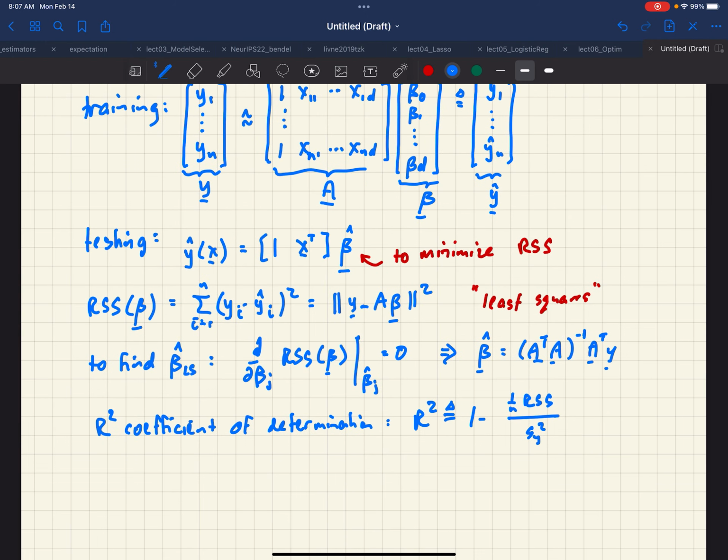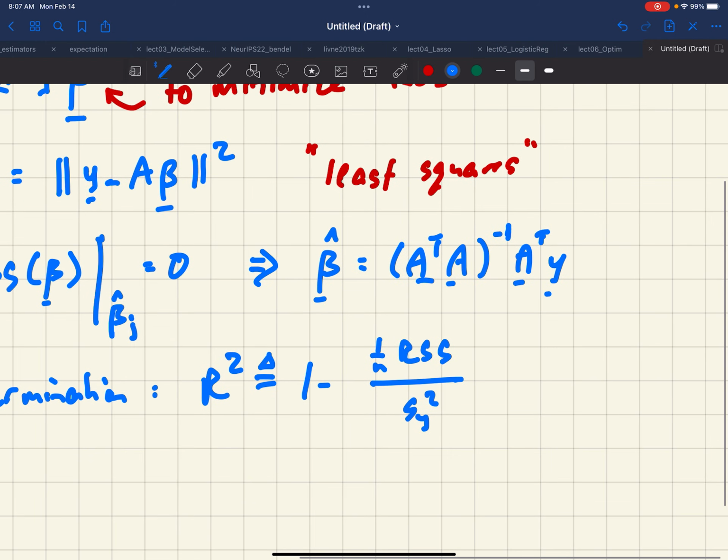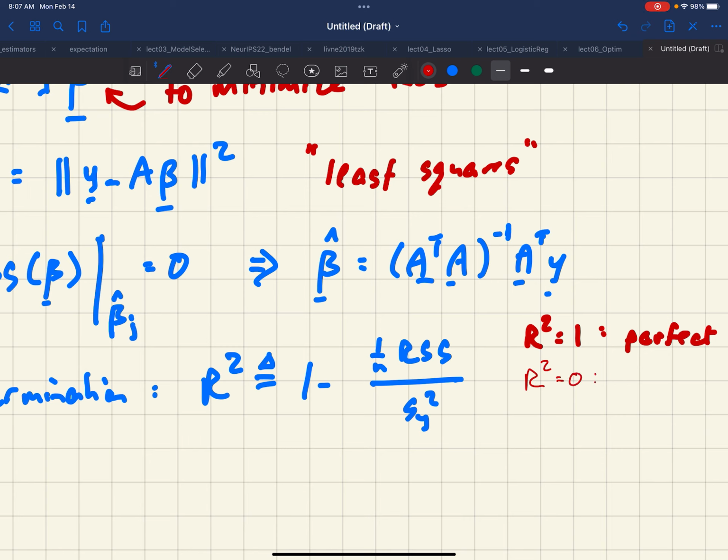And let's see. So when R squared is 1, that's perfect. When R squared is 0, this is a trivial estimator.